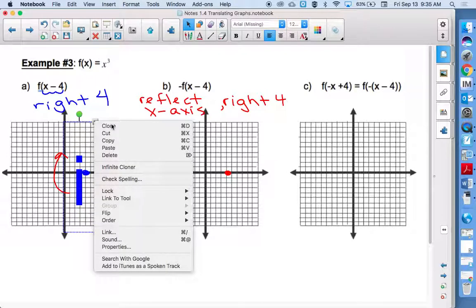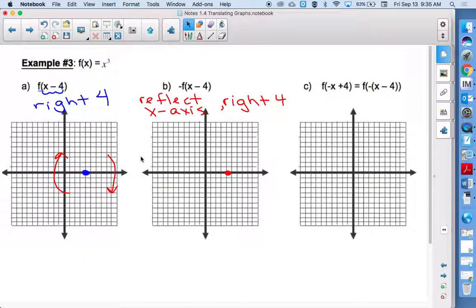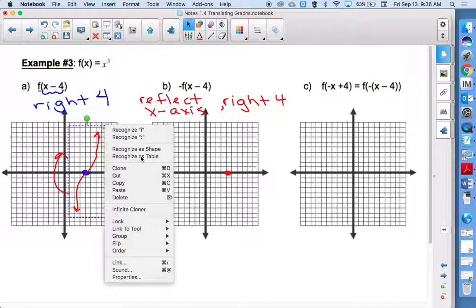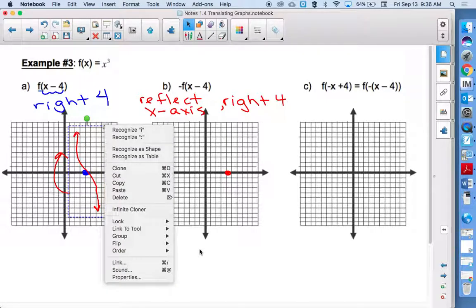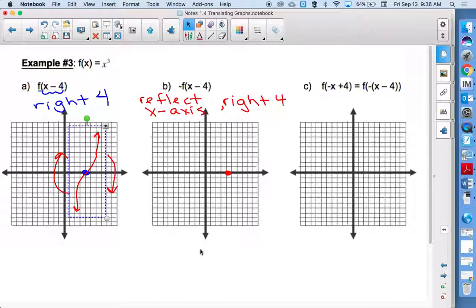I was trying to get it to flip. Try this again here. There we go. It flipped. Did you see that flip? It did flip. There we go. So there's my original. So the top part is now moving down, and the bottom part is flipping up.